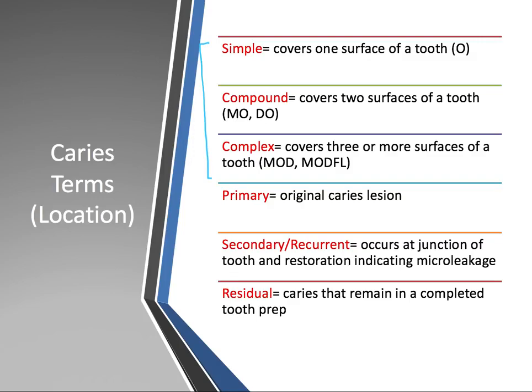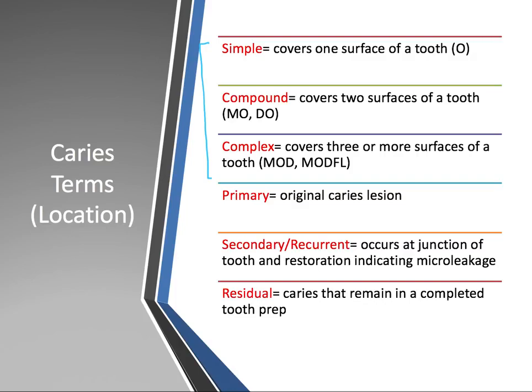Now, if you had a tooth that already had a restoration, let's say on the mesial surface, but it never had anything on the distal surface, and the dentist notices that the distal surface now has decay, that distal surface is also a primary lesion because it's the first time that surface got decay.